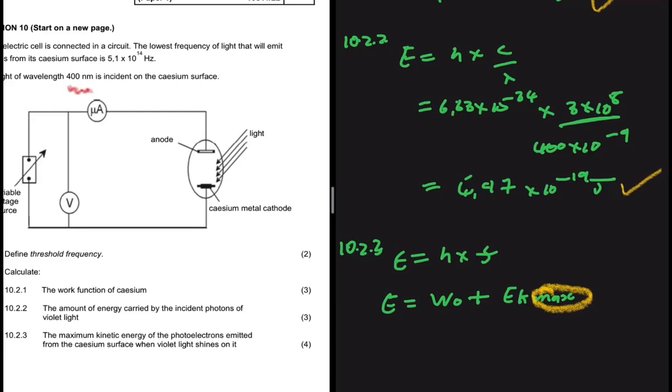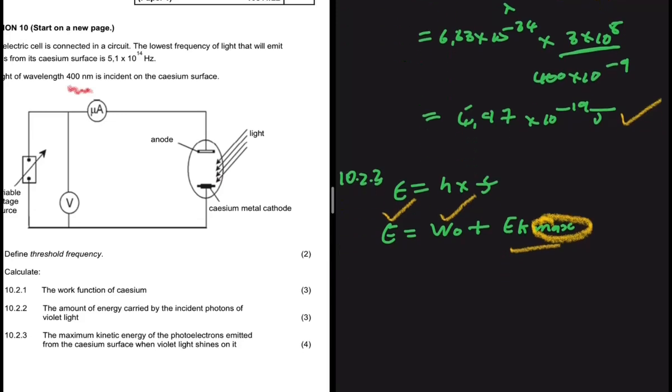So in our equation, we have the energy of the incident light, and then we have the work function of our metal surface. Now we need EK max. It's just a matter of direct substitution and making EK max the subject of the formula. So the energy is equal to 4.97 times 10 to the minus 19.